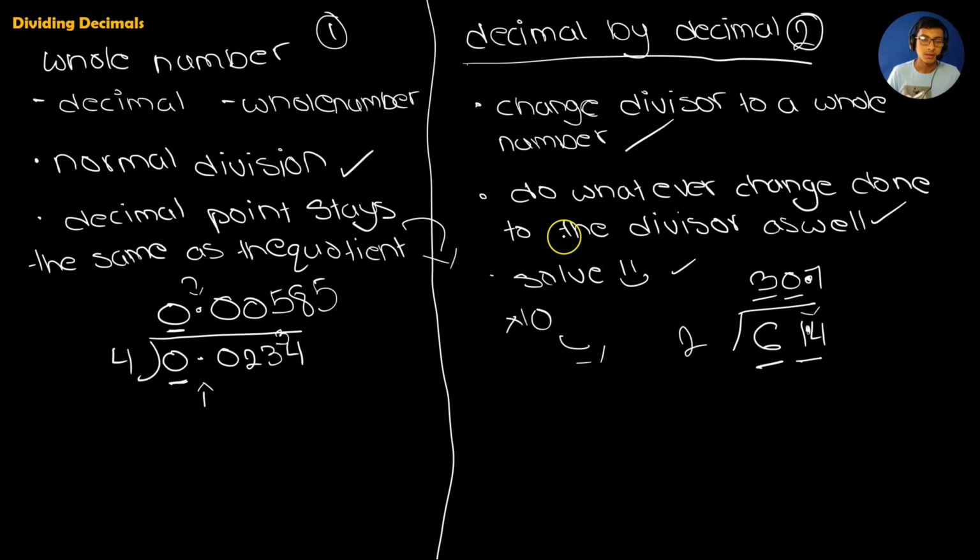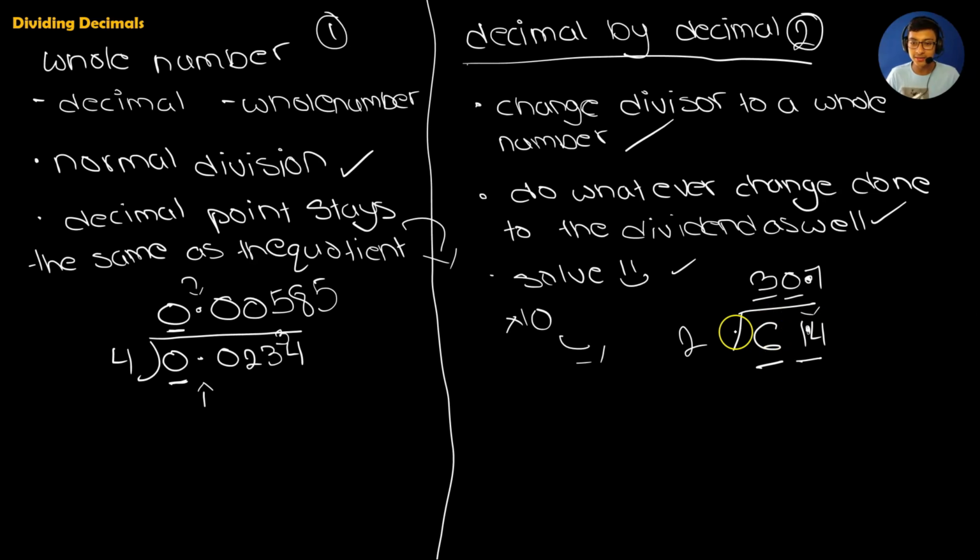The second thing we do is whatever change was done to the divisor, we do to the dividend. It was 6.14; we multiplied that by 10 as well and got 61.4.